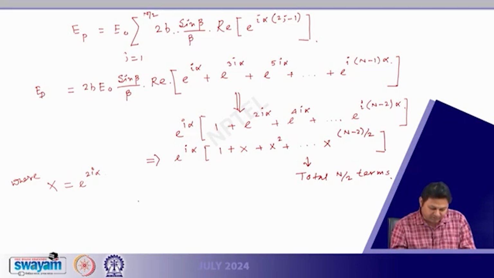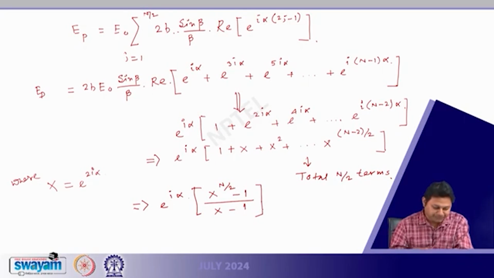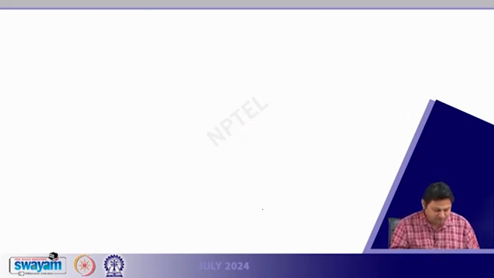So, this calculation we can do, this sum we can do easily, and it will be e to the power of I alpha and x to the power n by 2, because number of term is there, minus 1 divided by x minus 1. That will be the sum of this geometric series which we know. Now, let us execute this quickly.